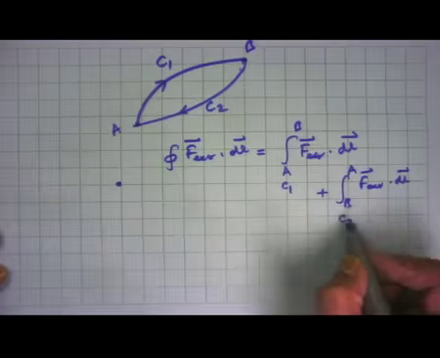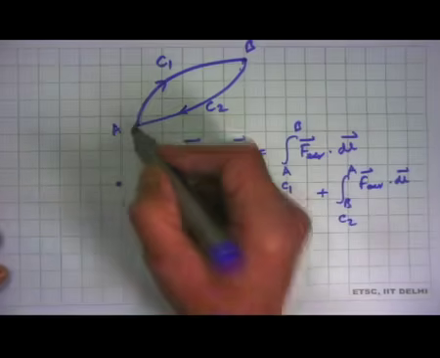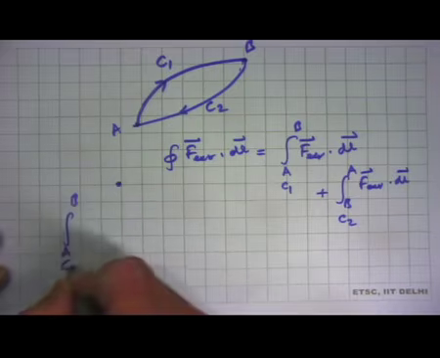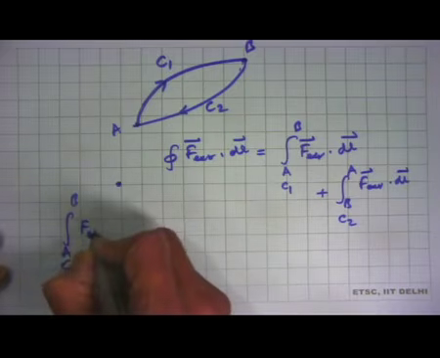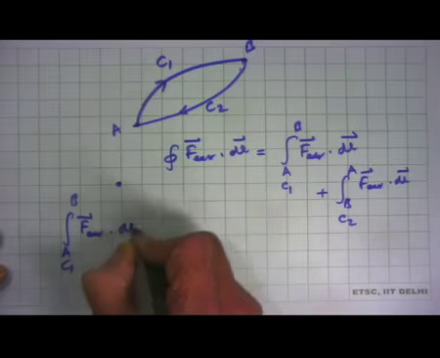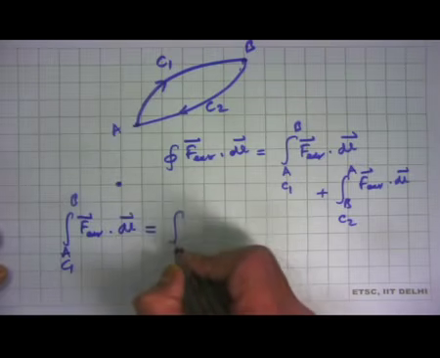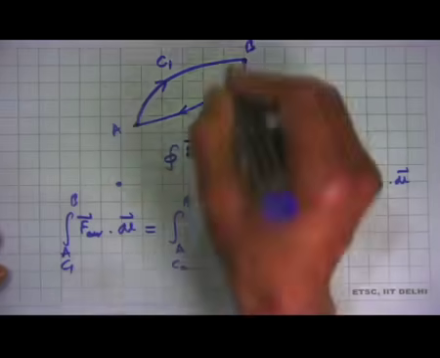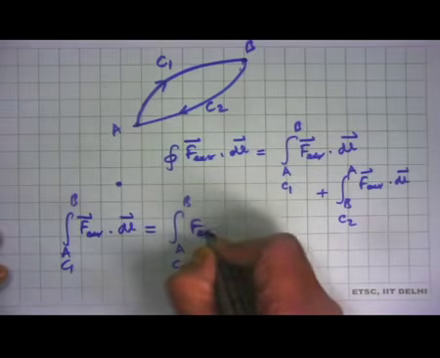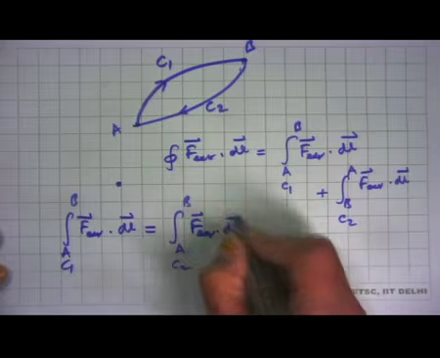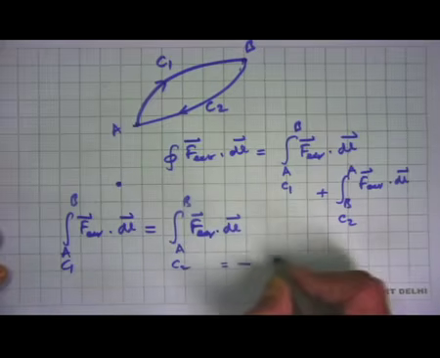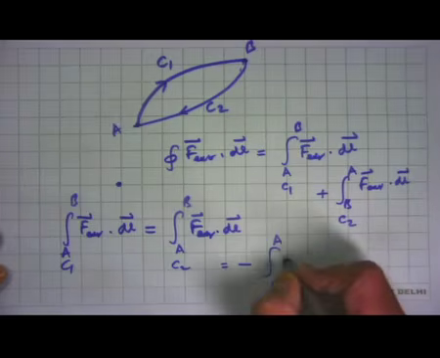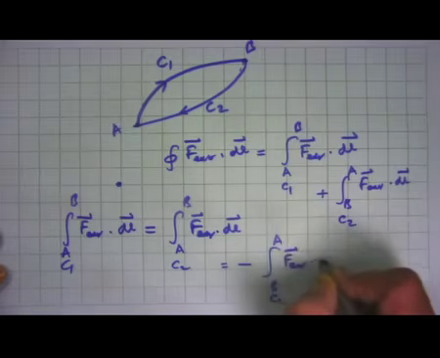Now, as we have discussed, the integral from A to B along C1 of F external dot dl is equal to the integral from A to B along the second curve C2 of F external dot dl, which is actually minus the integral from B to A along C2 of F external dot dl.